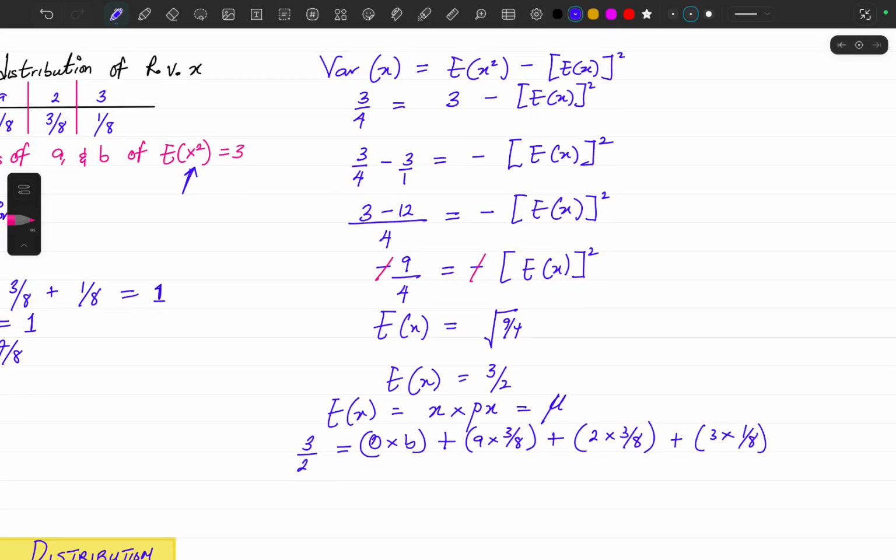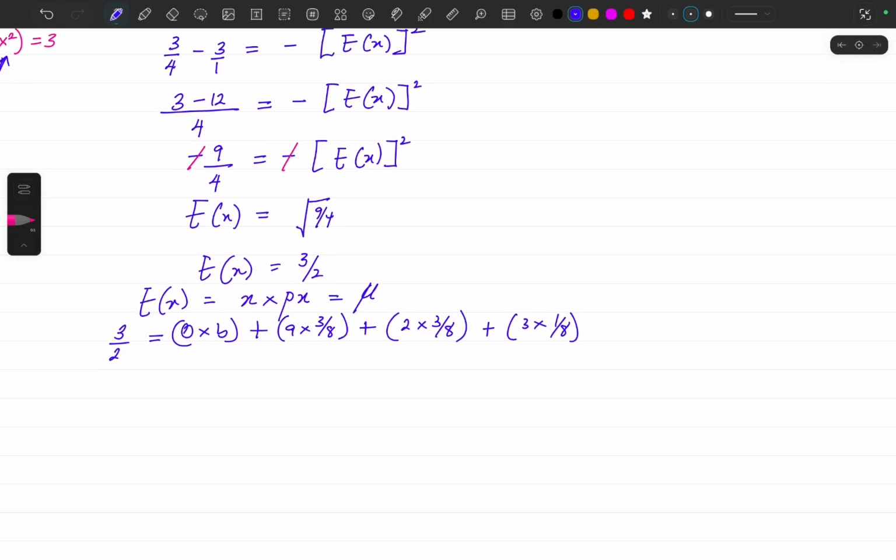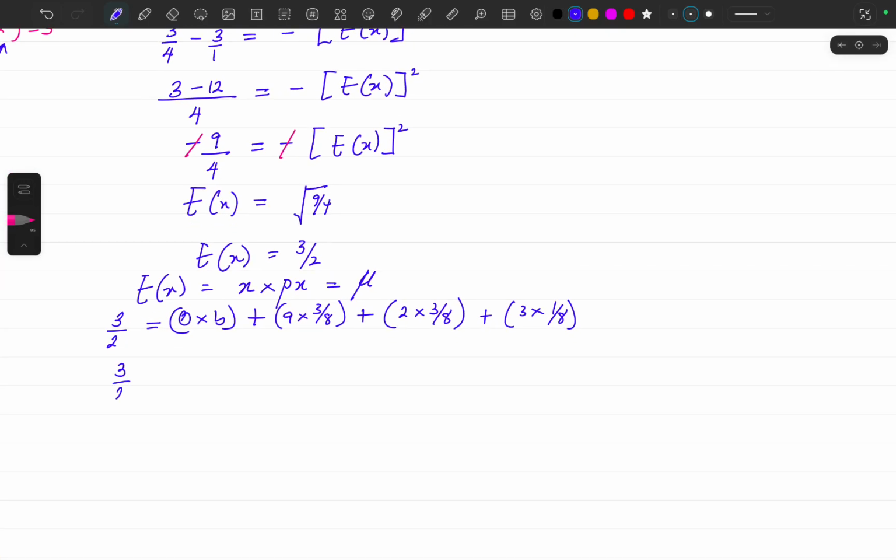If you deal with this all out, we get 3/2 equal to 0, because that's the b. We don't even need to bring down the b part of it. So this will give us 3a/8 plus this will be 3/4, and then plus 3/8. If you're summing all of this off, that'll be 3/4 plus 3/8.